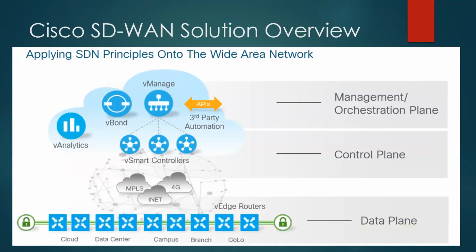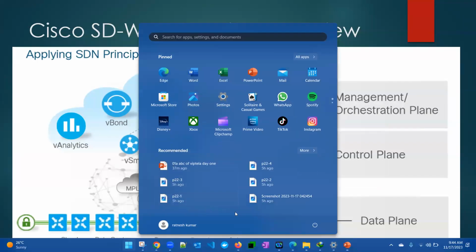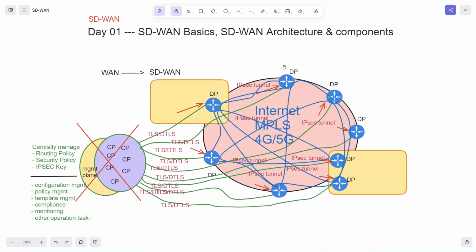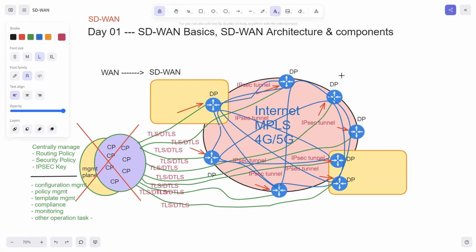So you know what components we have in SD-WAN? Yeah, controllers and the routers. So we have the data plane devices that may be vEdge, Viptela Edge, or Cisco Edge, right?